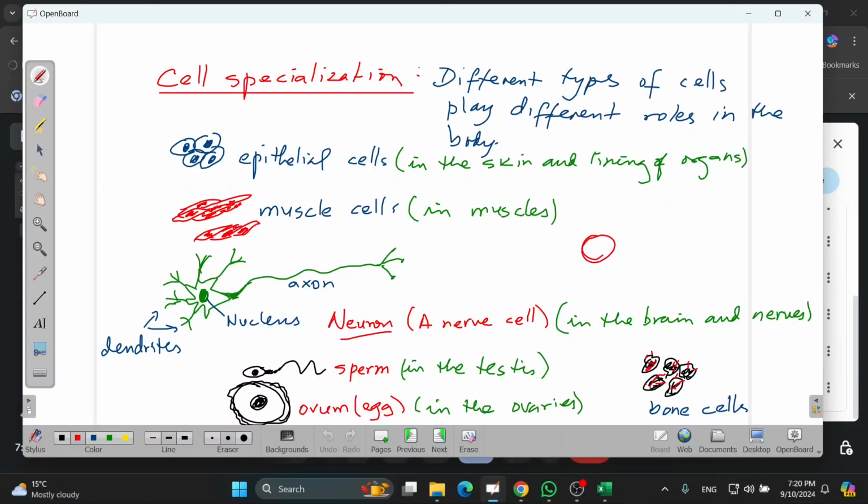We have, for example, the red blood cells, which don't have a nucleus, and then we have the white blood cells like the phagocytes, like this one, or the lymphocytes, which are round and with a big nucleus. These ones are kind of granulated, and the nucleus is irregular. And then we have the red blood cells. So these are blood cells.